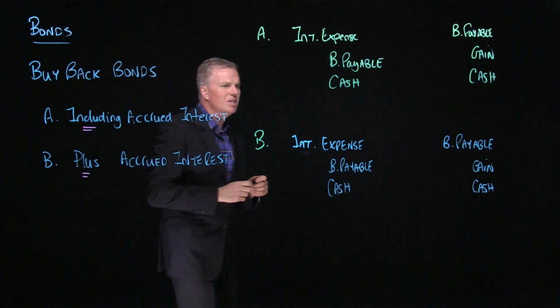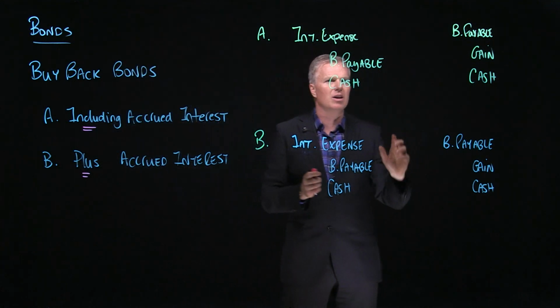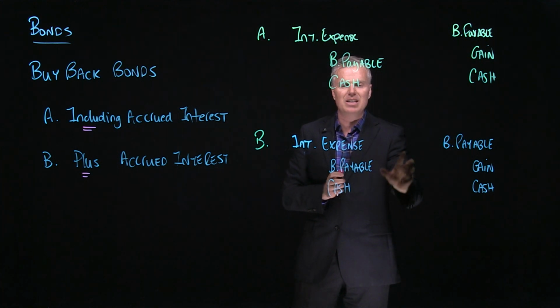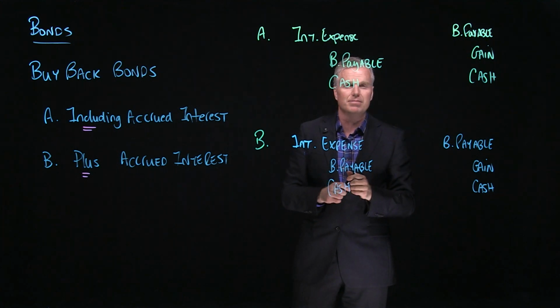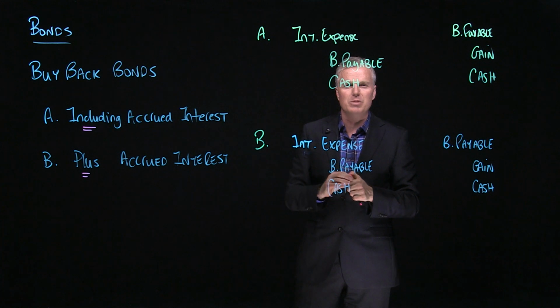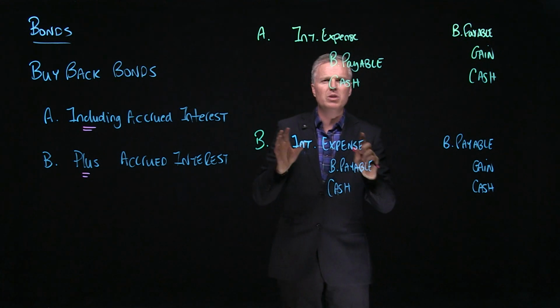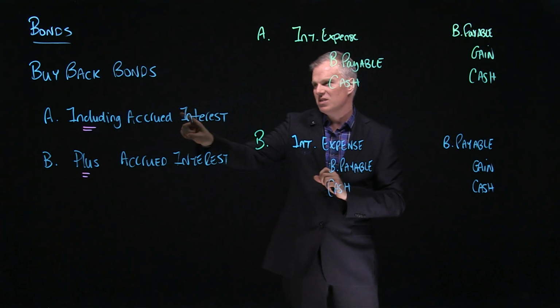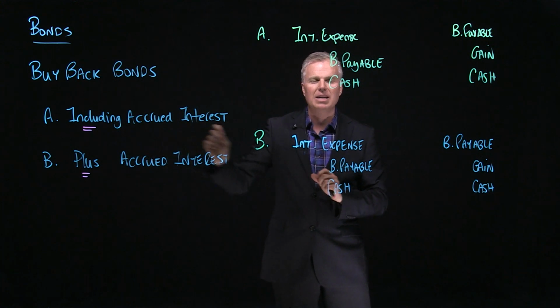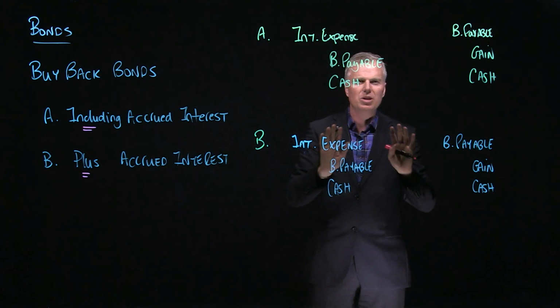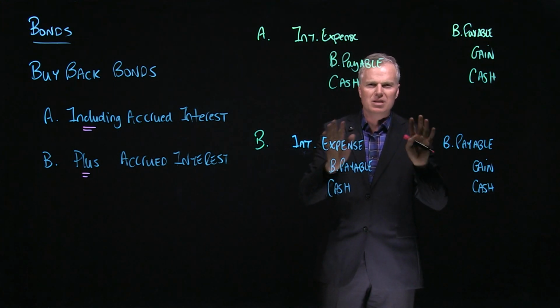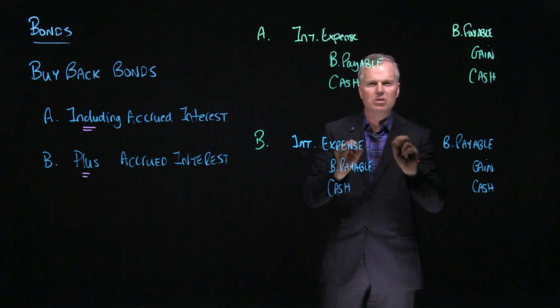You'll notice from the templates I've set up that they are, for the most part, the same when it comes to the accounts. Now the numbers will change based on including or plus, but I want to focus just purely on the cash part because that is what confuses the students.